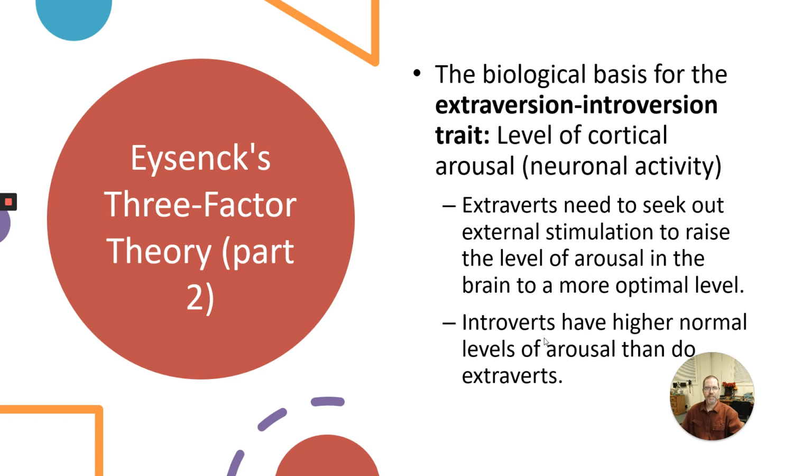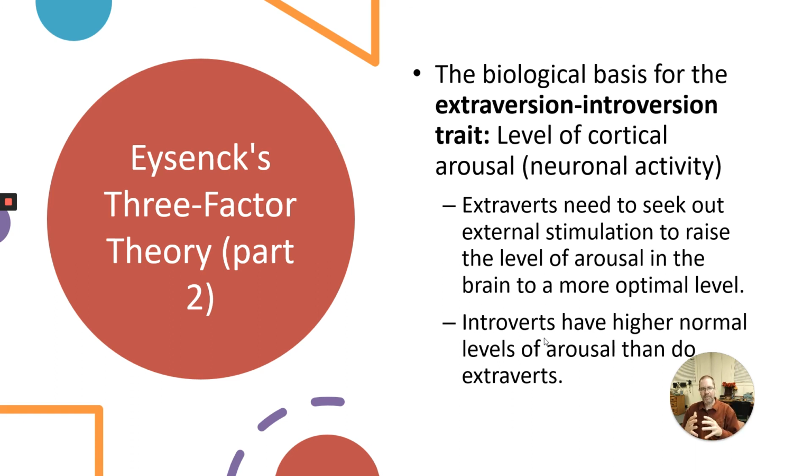Then the biological basis for the extroversion, introversion trait is the level of cortical arousal. So in Eysenck's theory, he's talking about neuronal activity, the neurons and the neurotransmitters and all those things firing off, and the chemicals that create this type of reaction within the brain.